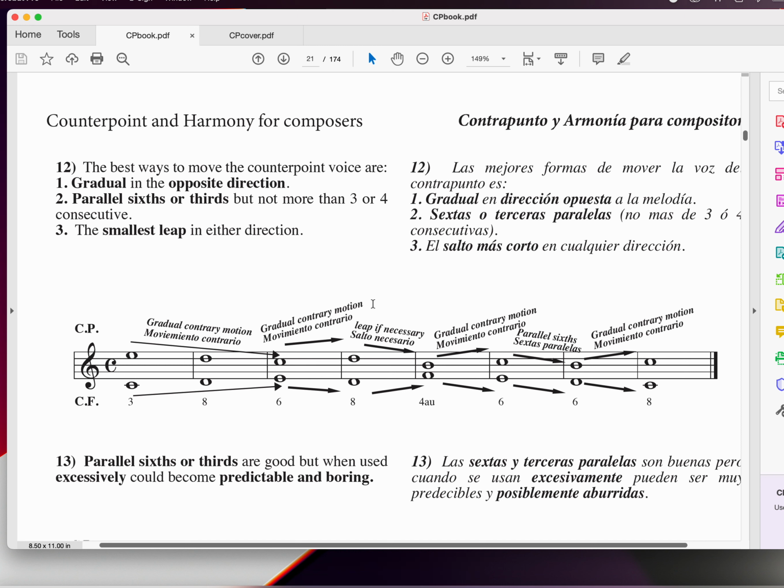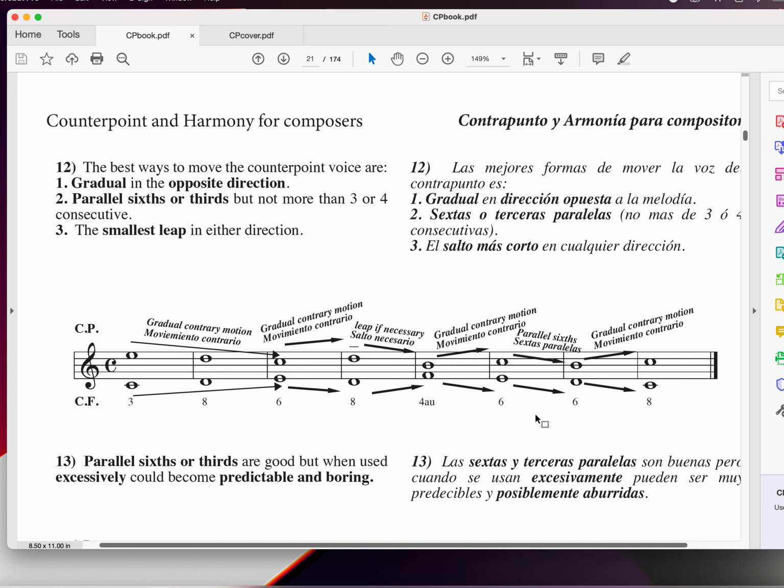And then likewise, when the E goes to the D, down, then the C goes up. It's contrary motion. And on the fourth measure, we have a D that jumps into an F. And the top note also jumps into a B. You can do that with no problem.